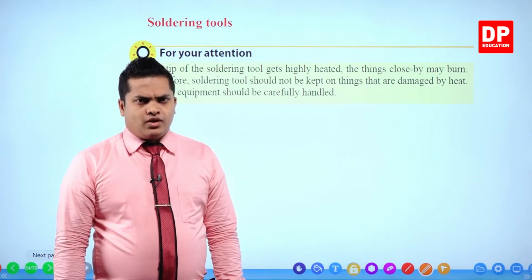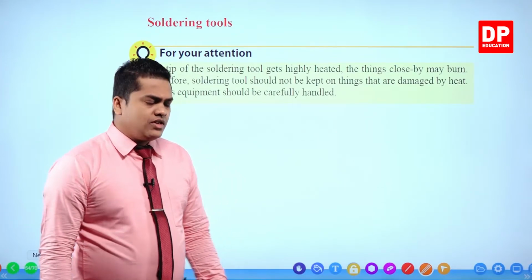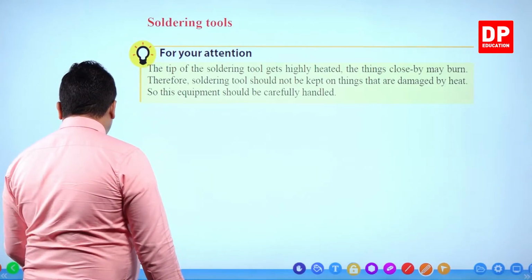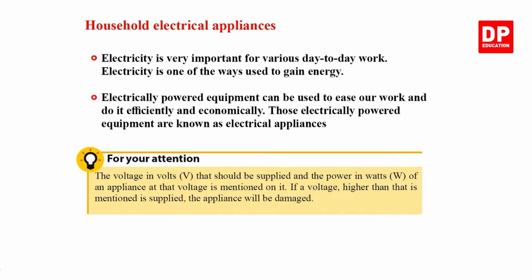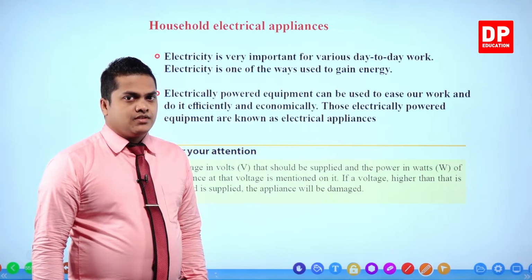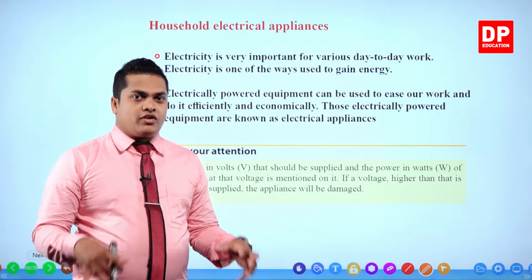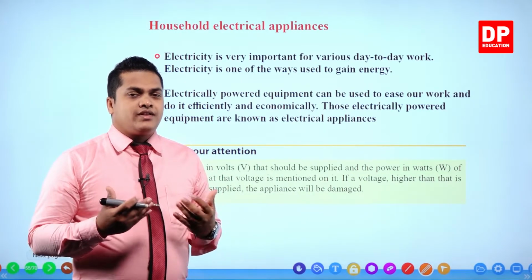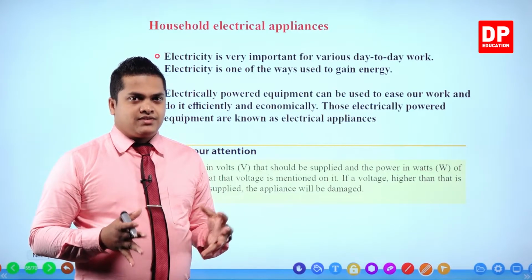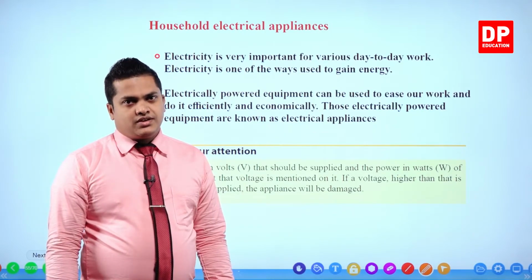Then that's all about fixing components to a circuit board, my dear children. So let's see what are the other contents in our lesson. In this part, we'll be discussing household electrical appliances. You already know what these things are. Household electric appliances are the electric appliances that we use in our houses on different occasions to make our work easy.